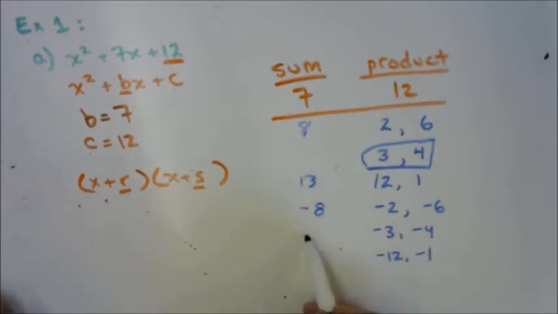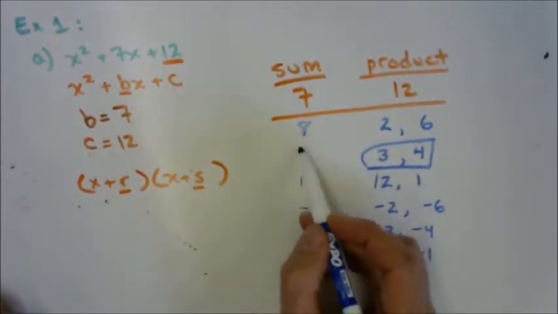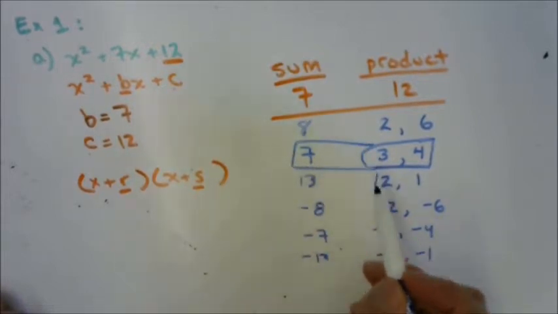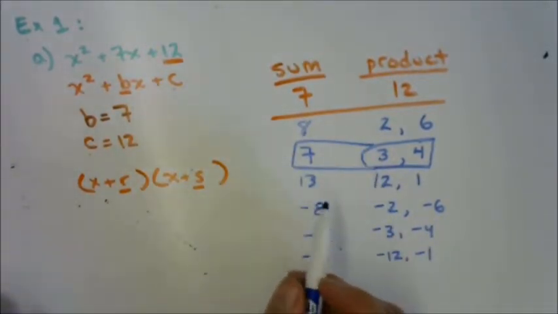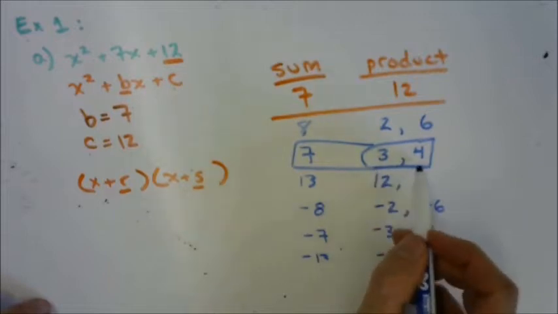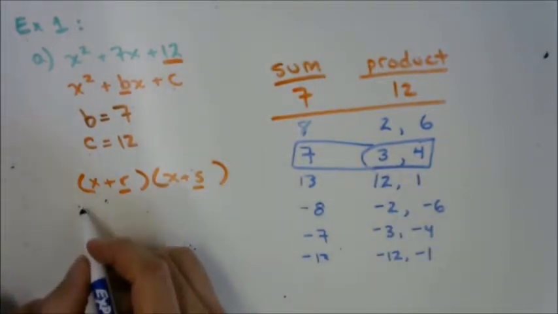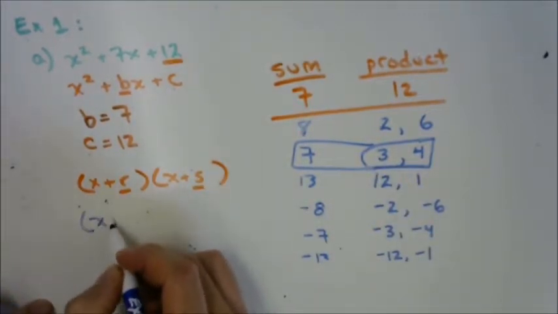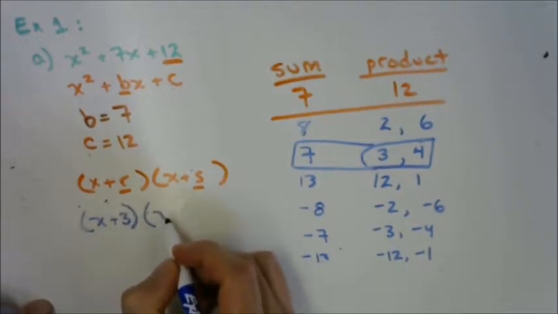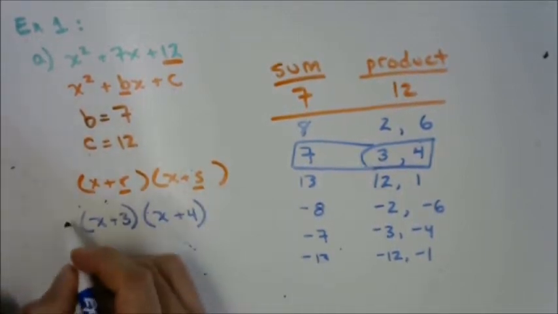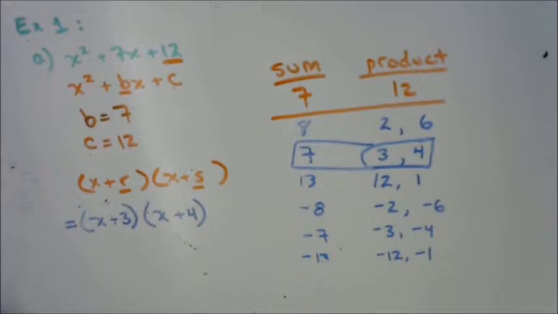Negative 3 and negative 4 have a sum of negative 7. Negative 12, negative 1 have a sum of negative 13. 3 and 4 are the only ones that have a sum of 7. So I know now that r and s are 3 and 4. x plus 3, x plus 4. And you have just learned how to use sum and product to factor a quadratic expression.